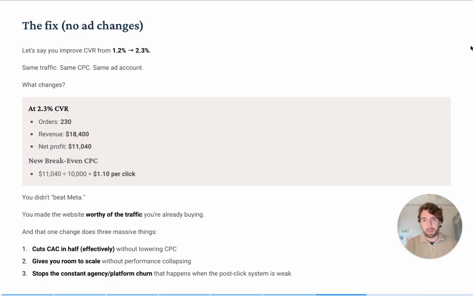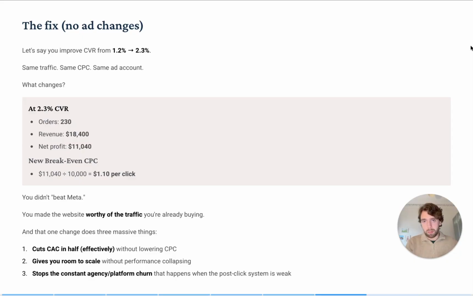You may see the CPCs climb, but there's space for them to climb, and you can push your ad spend to a new plateau where you're at around $1.10 CPC, but instead of spending $5,000 a month on ads, now you're able to spend $10,000 a month, or $20,000. Now you're able to spend 30 or 40 or 50,000, and you're making more profit.